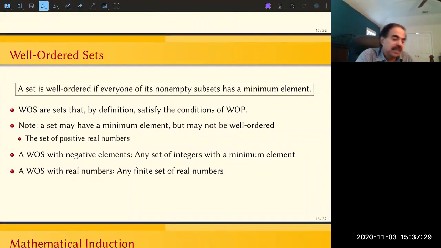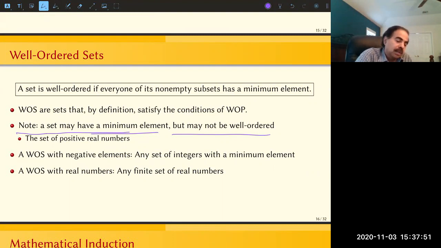So a couple of examples of well ordered sets. This is an example where a set has a minimum element, but it may not be well ordered because it has subsets that have no minimum element.